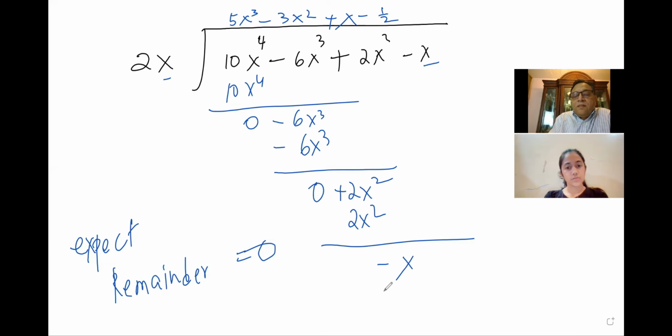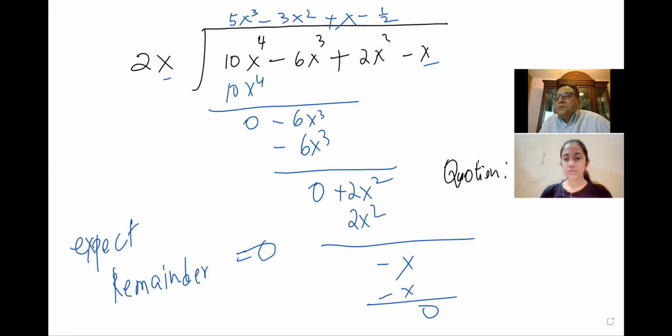Do you see that? Okay. So we get minus x, remainder 0. Is that okay? So now we know what the quotient is. So now we know that the quotient Q is 5x cubed minus 3x squared plus x minus half. You see, it is the sum of all the terms, correct?